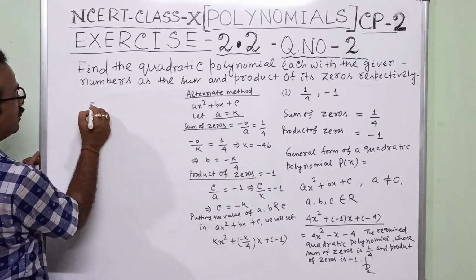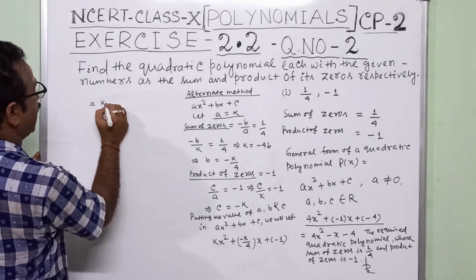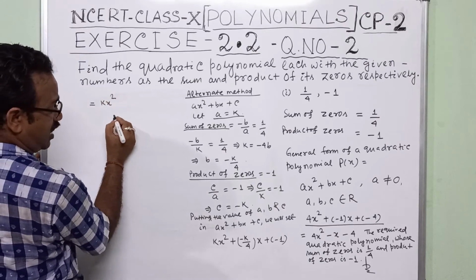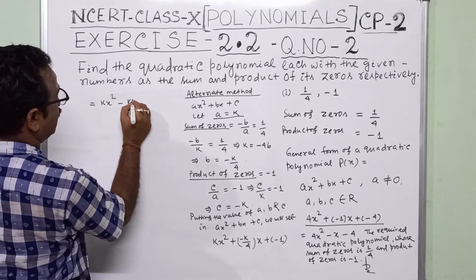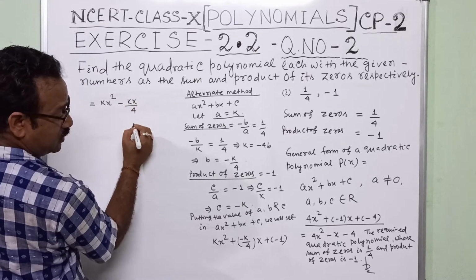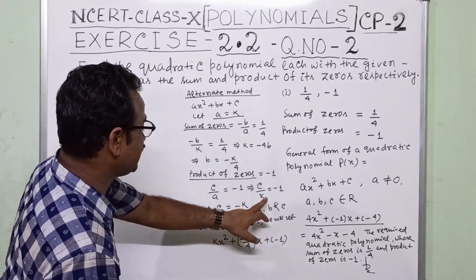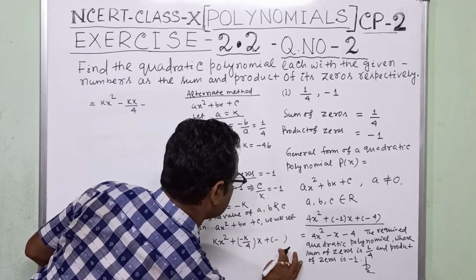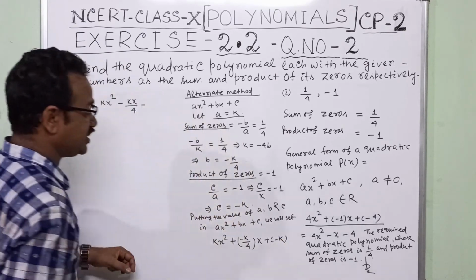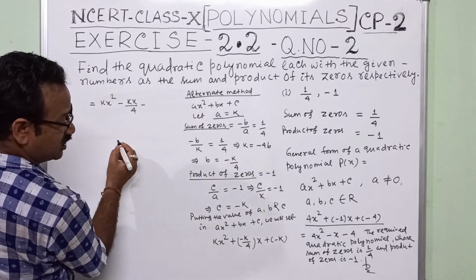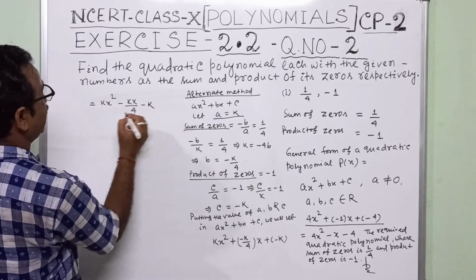That is equal to kx square minus kx by 4 minus k.